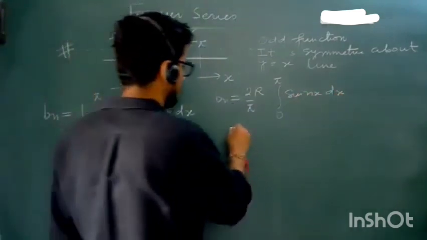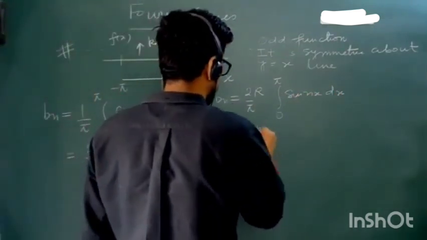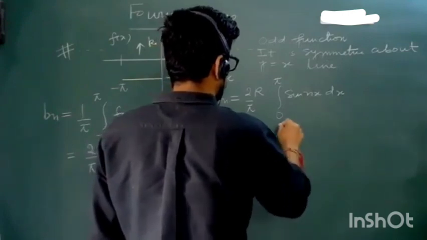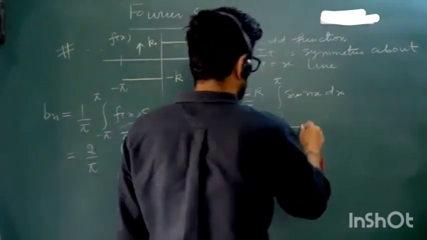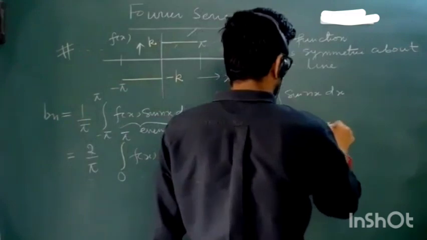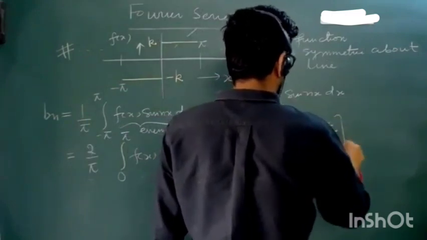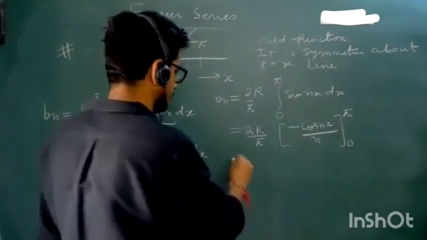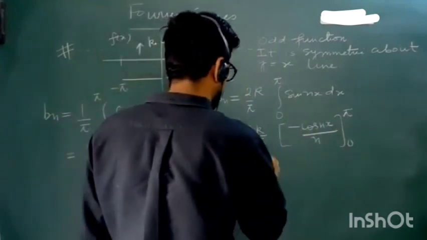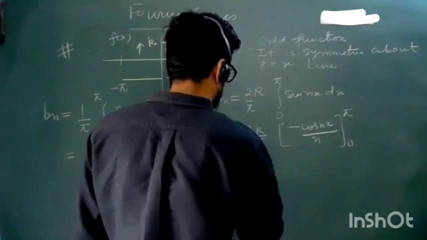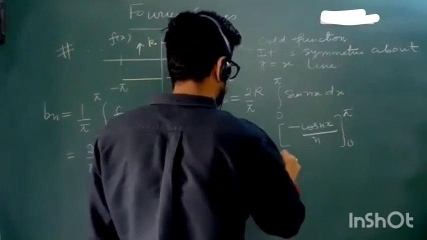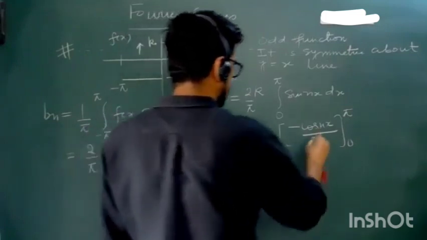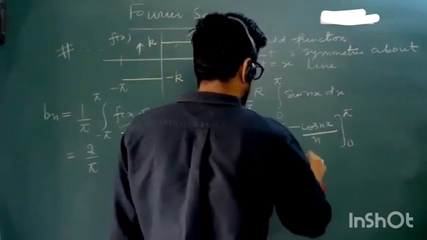This is the integration which you have to do. Very, very simple. So it will become 2k by pi, and sine का integration minus cos nx by n, 0 to pi. So this will be minus 2k by n pi and minus 1 to the power n minus 1.